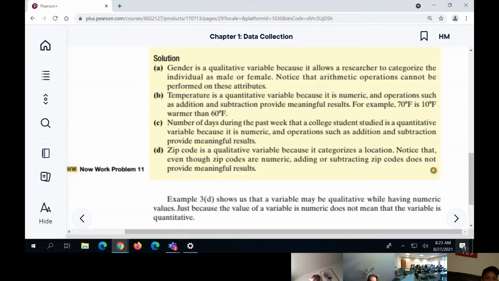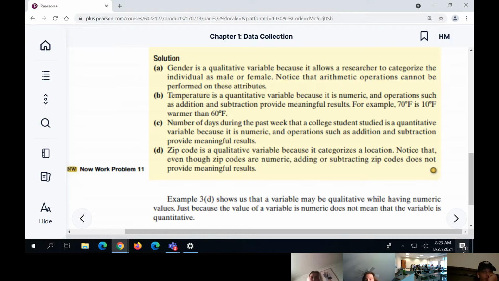Because the numbers have no what? Meaning. Give me the average of your zip codes. You can add the zip codes up, but does that zip code mean anything? No, it means nothing. So you always got to ask yourself, the average of blank.